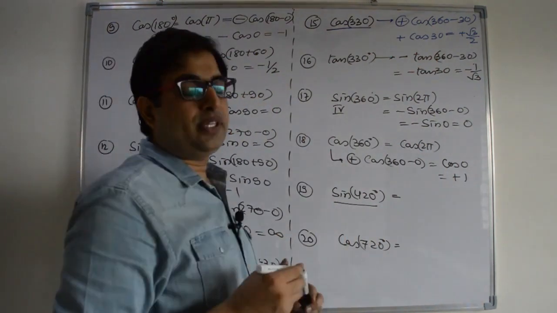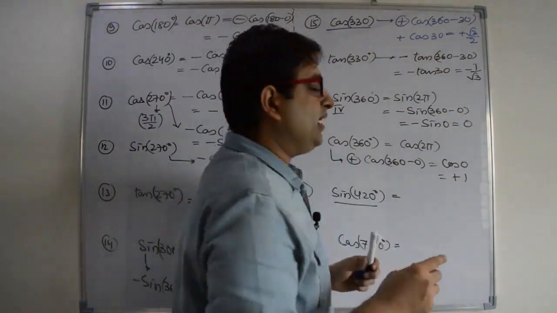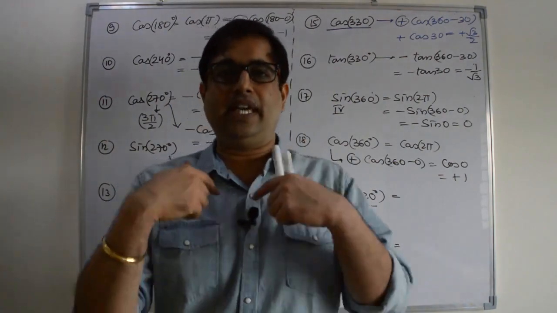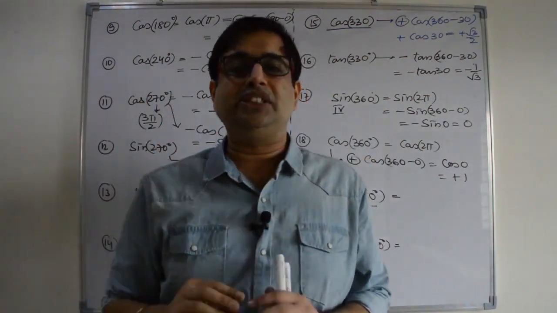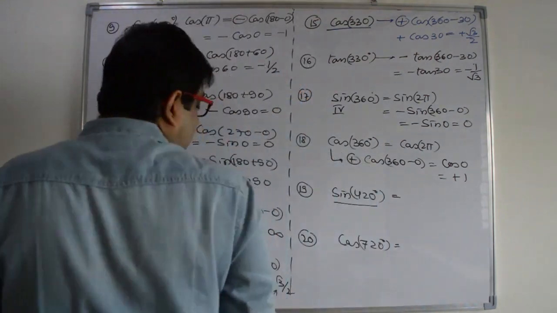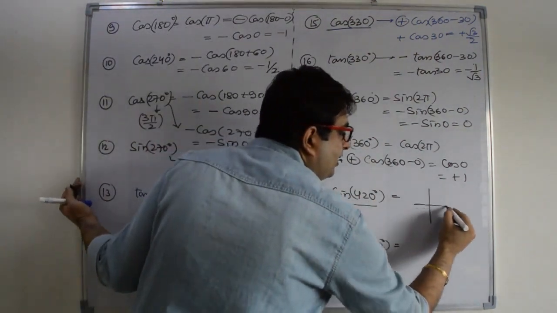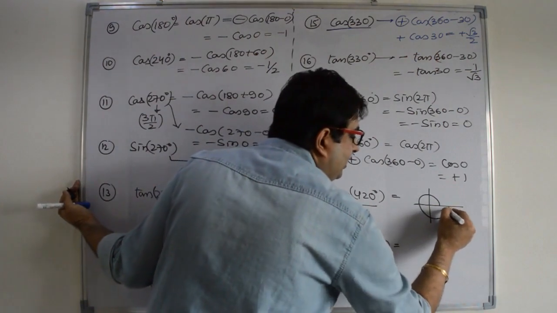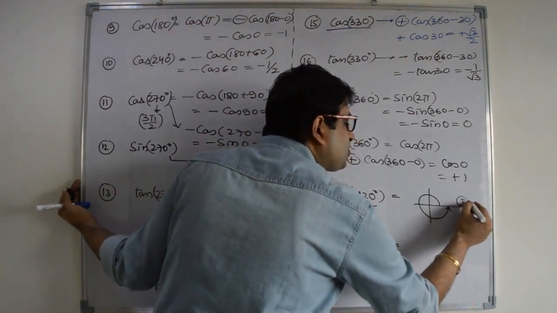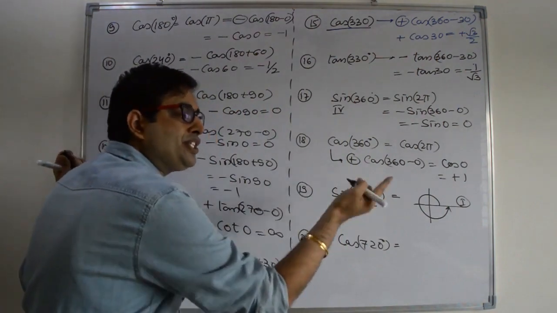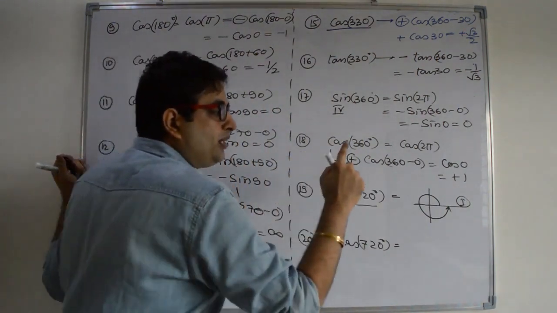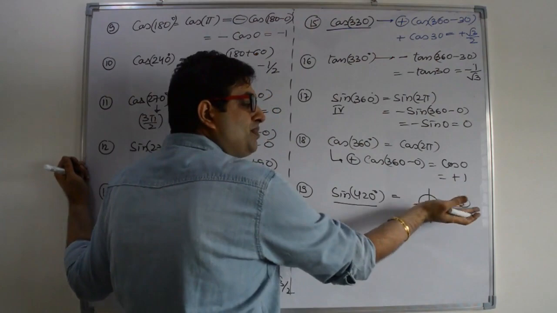Now angles more than 360 degree. I told you 360 degree is one complete cycle. Right? Again, I will be in front of you, so overall the change is 0. That means when we have 360 degree, then again we will reach the first quadrant. After covering all four quadrants, again we will reach the first quadrant. So the measurement will start from 0 again.